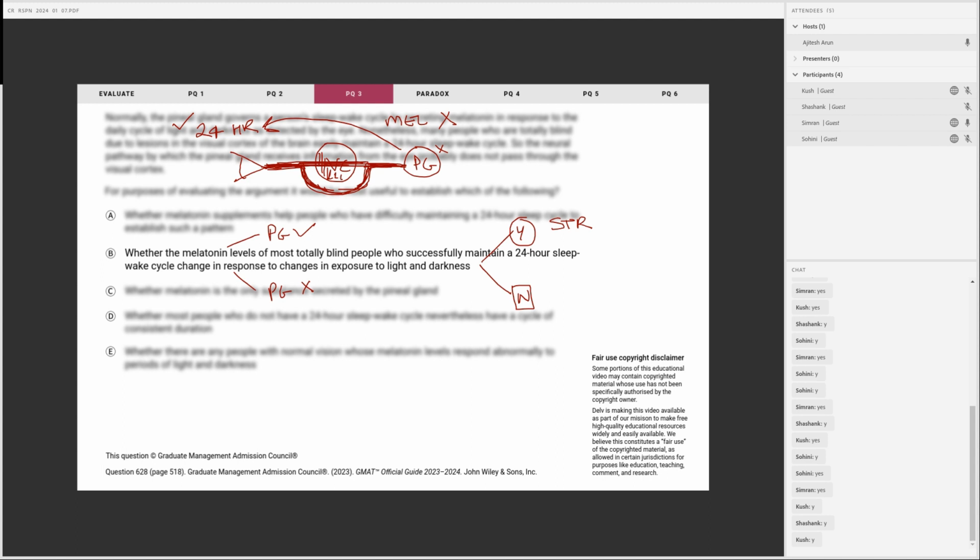Because the conclusion says that if the person is blind, then the visual cortex is damaged, and their sleep cycle is maintained because of other factors. But if the light levels are changing, as option B says, no, hold on. No, that's not what the stimulus says. Let me quickly recap what the stimulus says. And let me also just introduce one more thing from my side.